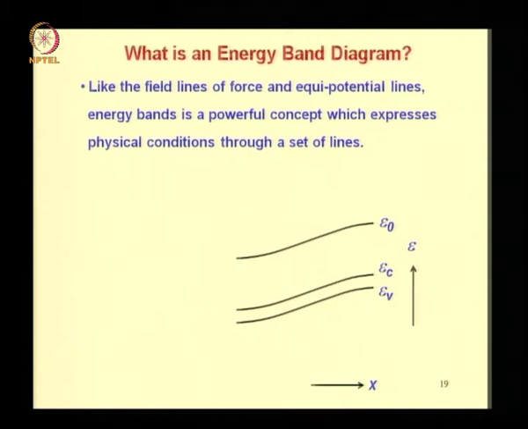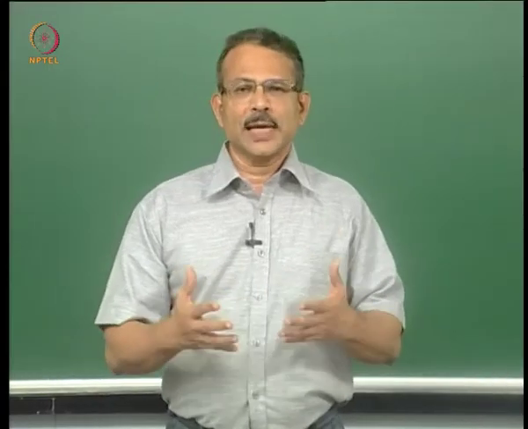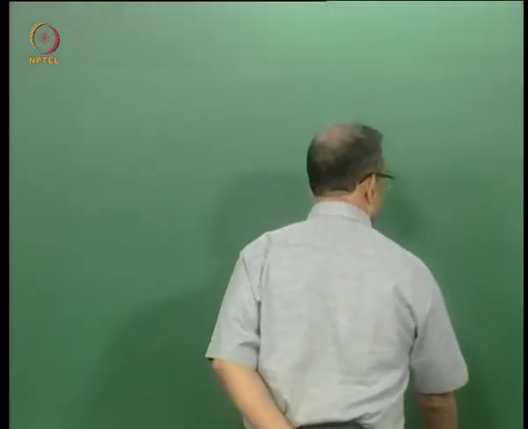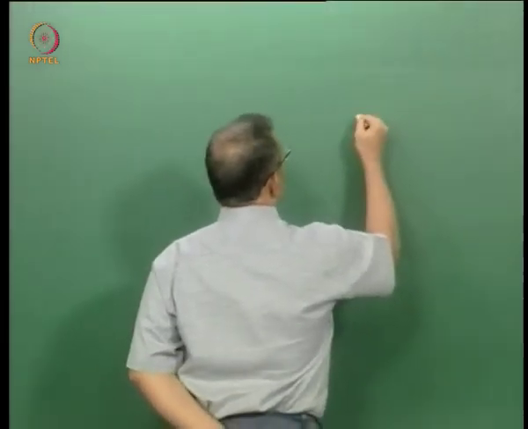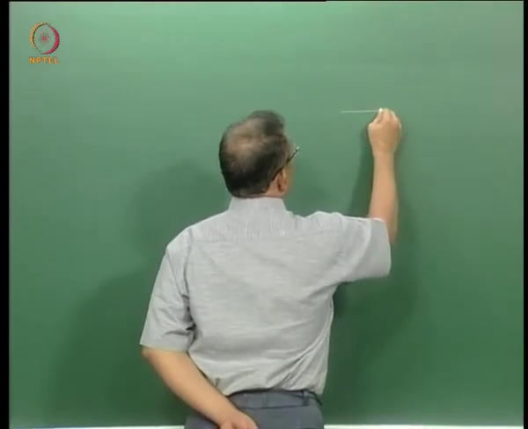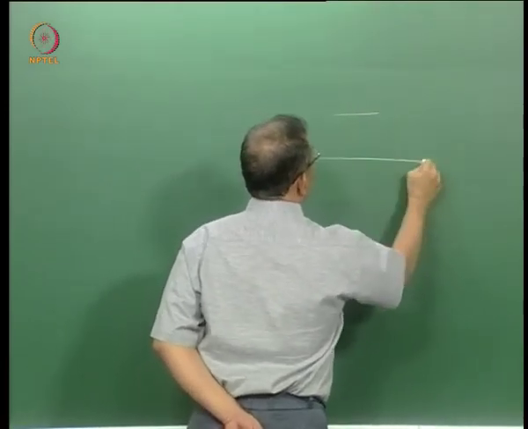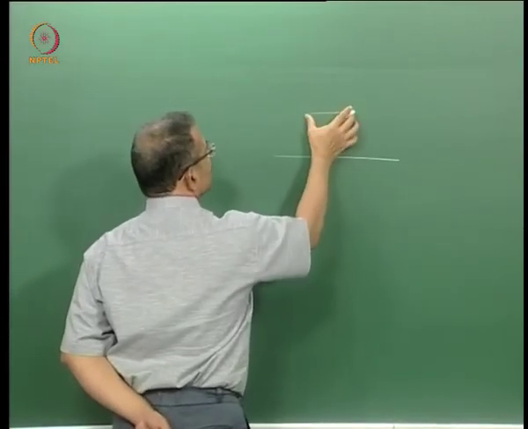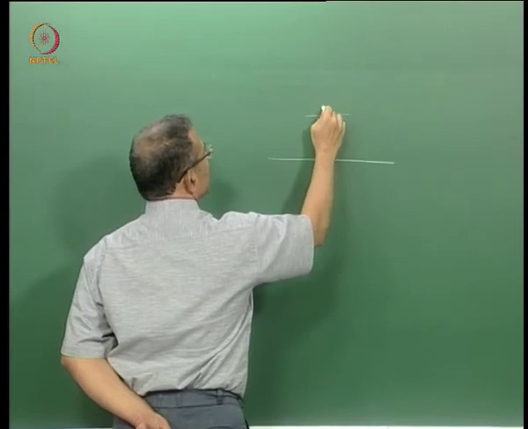So you have already come across lines of force, equipotential lines, right? For example, let us look at a parallel plate condition like this, where you have a small electrode here, say positively charged.